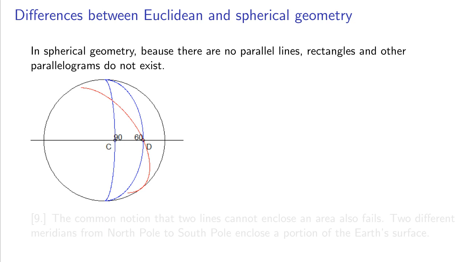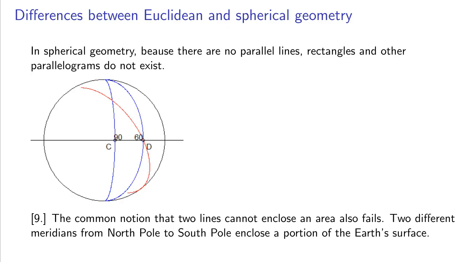Lots of theorems in Euclid involve rectangles, squares, and other parallelograms. In spherical geometry, because there are no parallel lines, these geometric objects don't exist. Strabo, you'll discover, characterizes certain geographical regions like Macedonia as being in the shape of a parallelogram, but there are no parallelograms in spherical geometry.